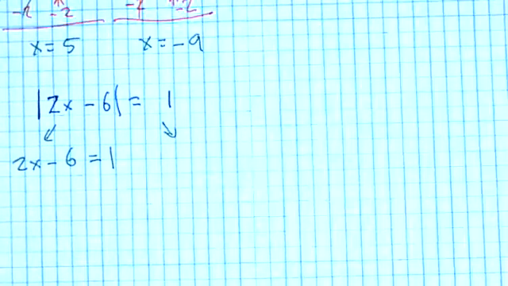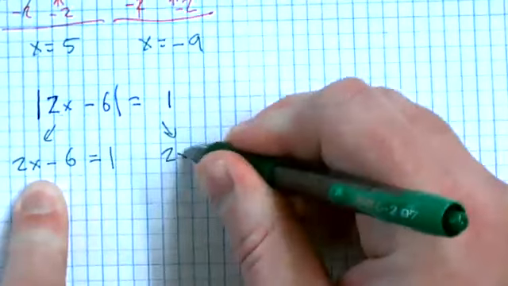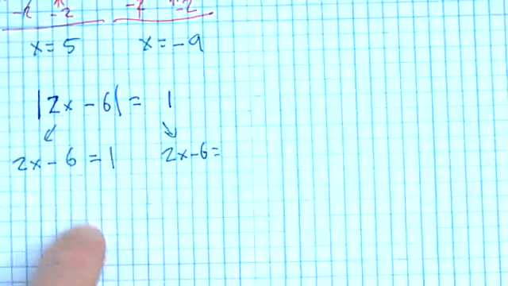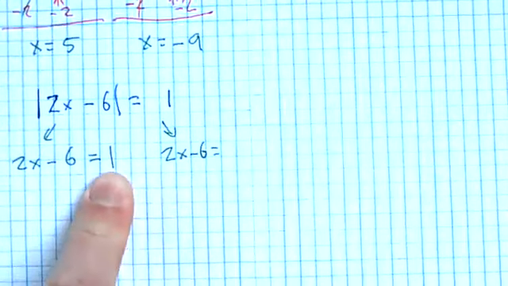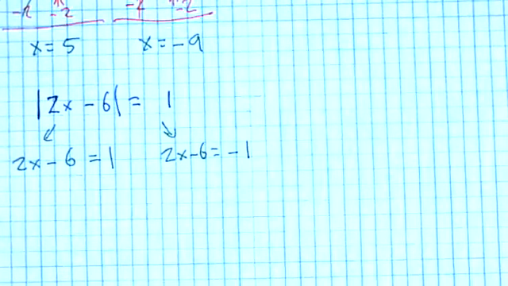No absolute value, though. We're going to make another version of it. The 2x minus 6 is still the same. The only thing that changes is the sign on this one. Instead of a positive one, it's going to become a negative one. And now we got 2 equations to solve.